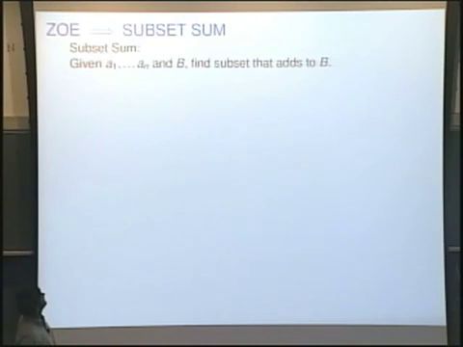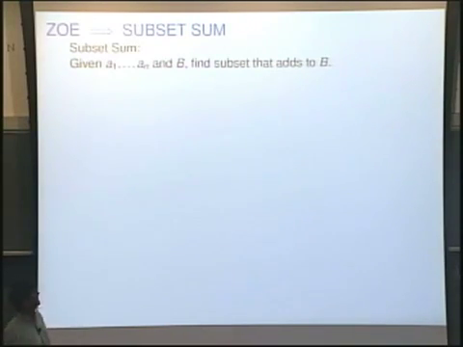How might you code it up? So remember subset sum. What's your input to subset sum? It's a set of numbers, a1 through an, and a number b, and you want to see if you can add up a subset of those to equal b. So it's kind of like a knapsack type problem.